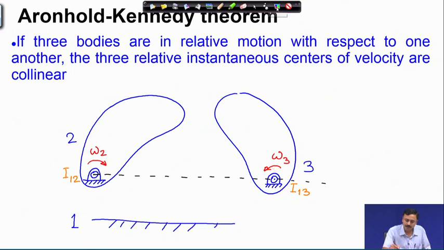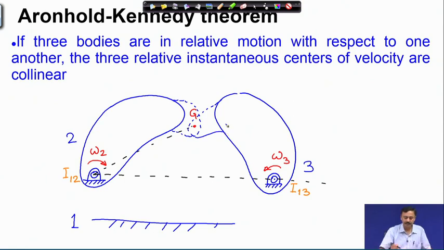Let us begin with a test point. If I consider a test point, let us say G, then I know that G 2 and G 3 are correspondingly points on the extensions of body 2 and body 3.